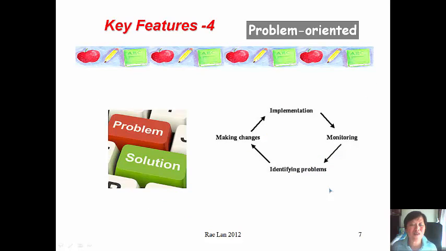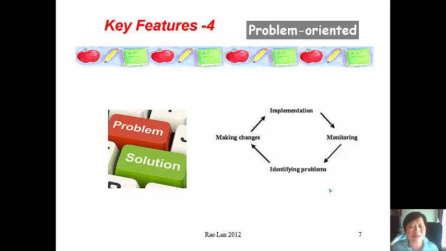All right, now let's take a look at the fourth feature of language learning strategies. We believe they are problem-oriented. What does that mean? Think about this. When problems come up, we need to try to solve the problems. So how do we do that? We apply different methods, and language learning strategies come into play.